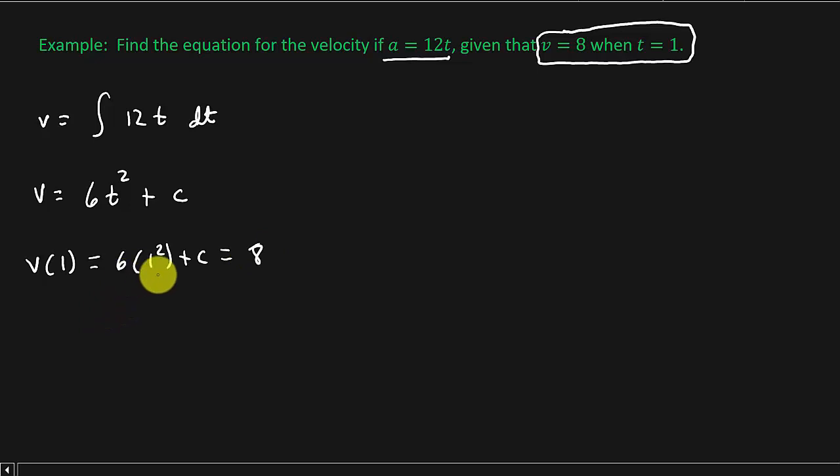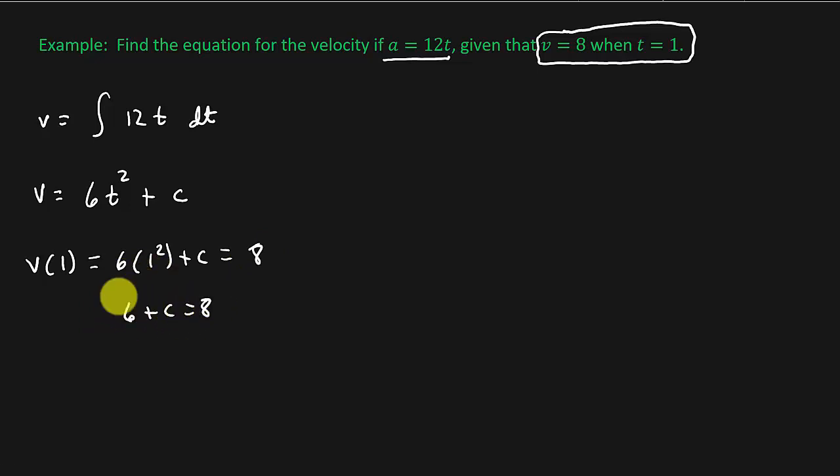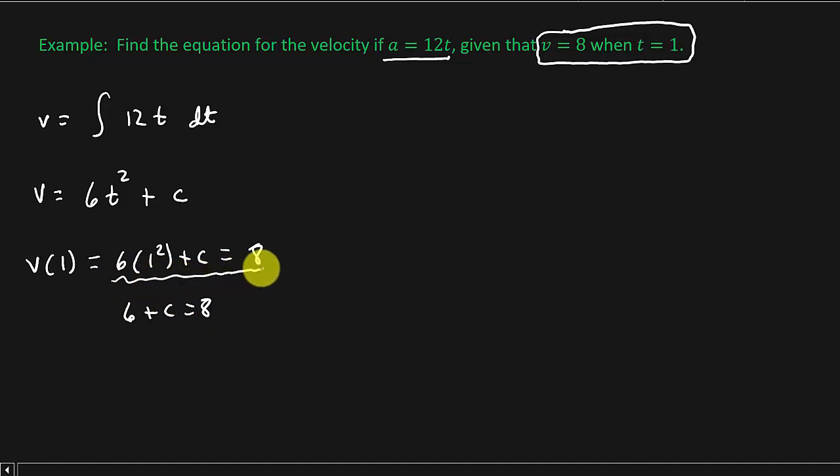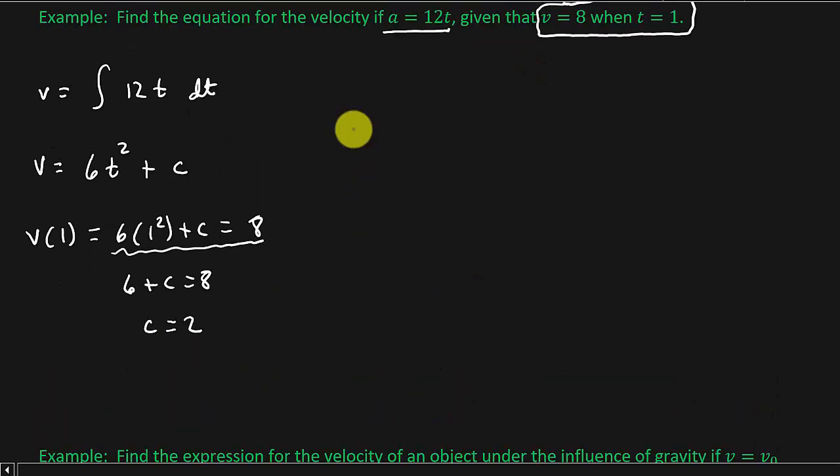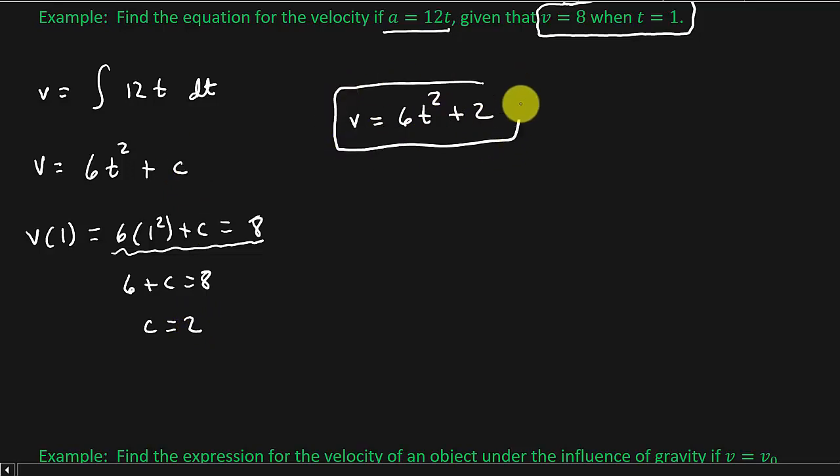That gives us 6 plus c equals 8, a nice little equation we can solve for c. So c is equal to 2. That tells us our velocity function is 6t squared plus 2, and this would be your answer.